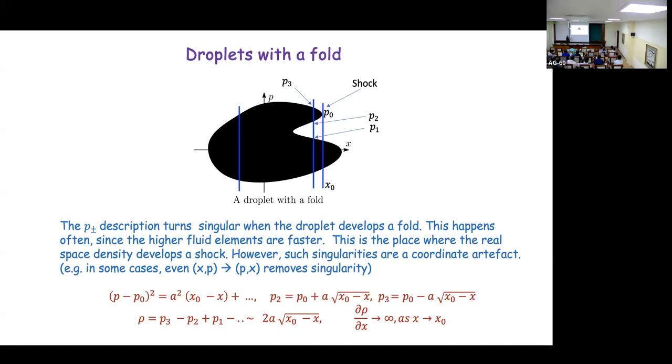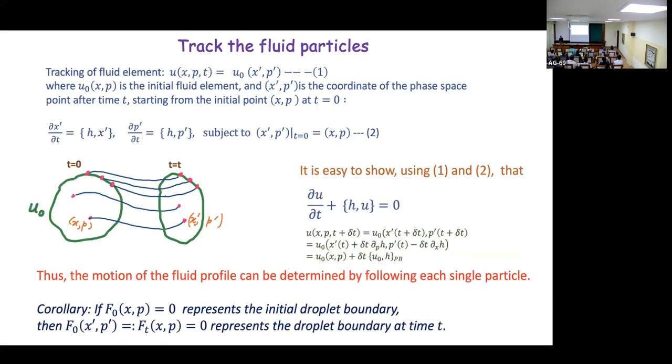When there are multiple places where the vertical cuts the boundary, you can also do this analysis, but rho is not given by P plus minus P minus. Rho is given by P3 minus P2 plus P1 minus whatever there is, and so on. So you look at this boundary and you can show that del rho del x actually becomes infinity.